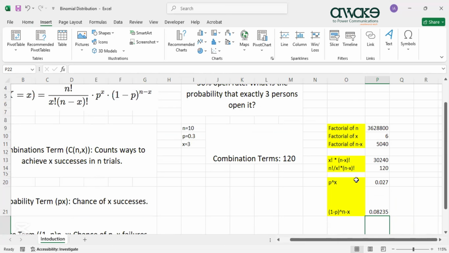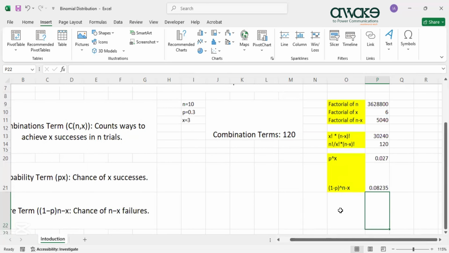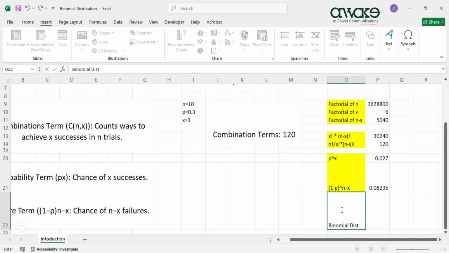We successfully calculated our probability to the power of x successes, which is 0.027. Then we calculated our failure term, which is this part of the binomial formula. So let's just enter our binomial distribution now.